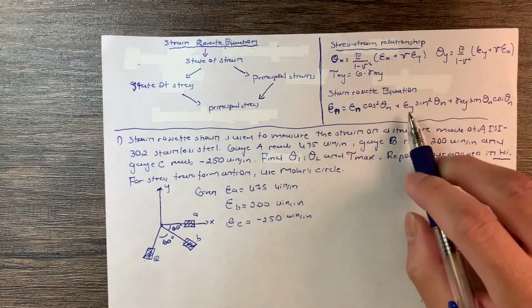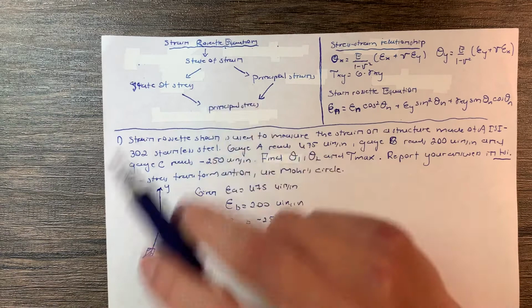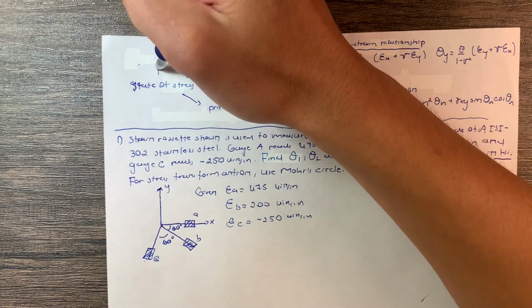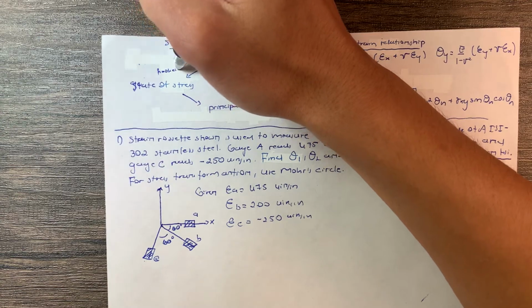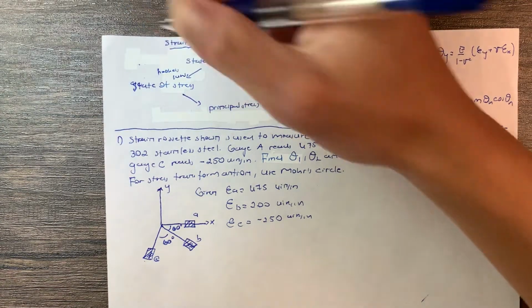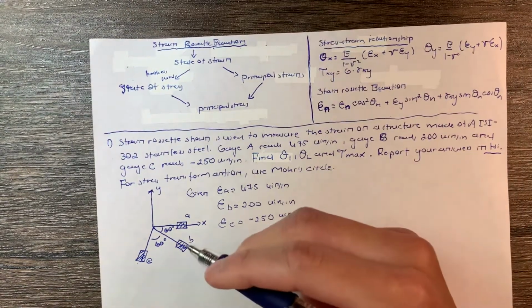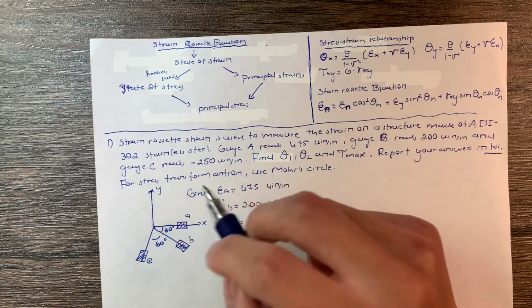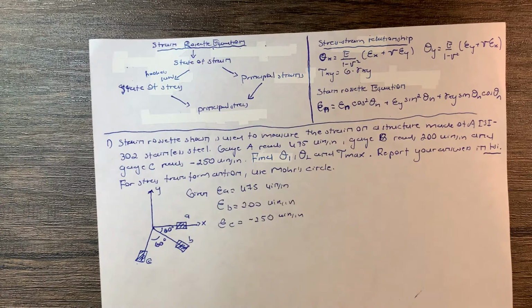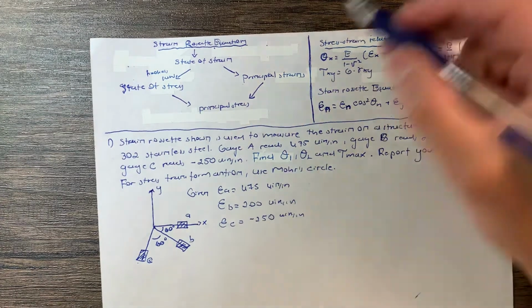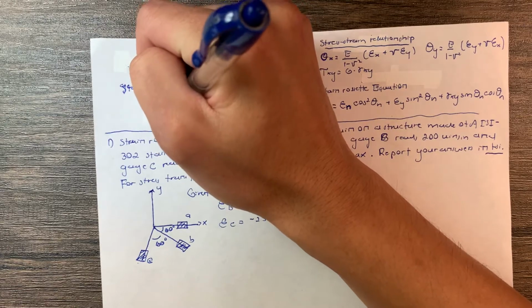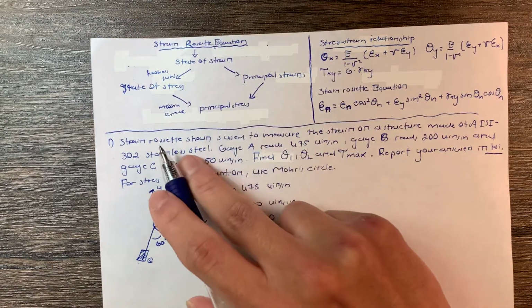After that, we'll be able to obtain our state of strain, and after we get our state of strain, we're going to use Hooke's law, because Hooke's law describes the relationship between state of strain and state of stress. And after that, we're going to use Mohr's circle to find the principal stress out of the state of stress.